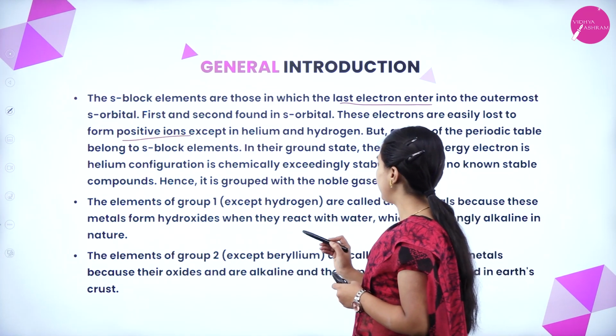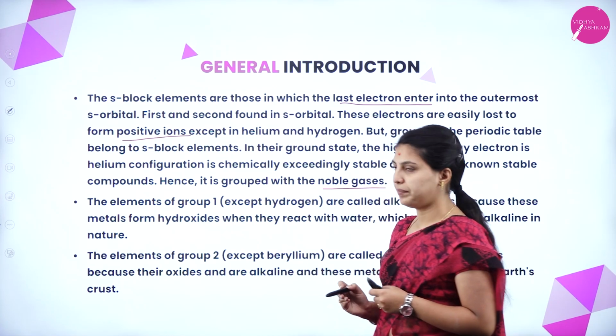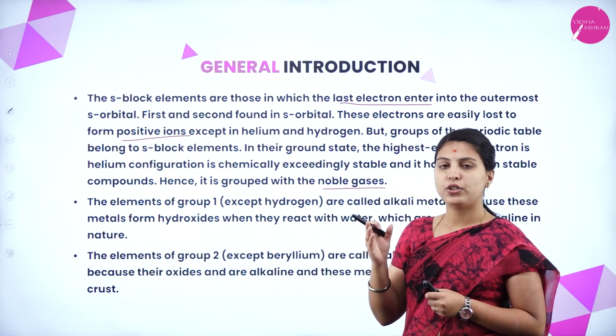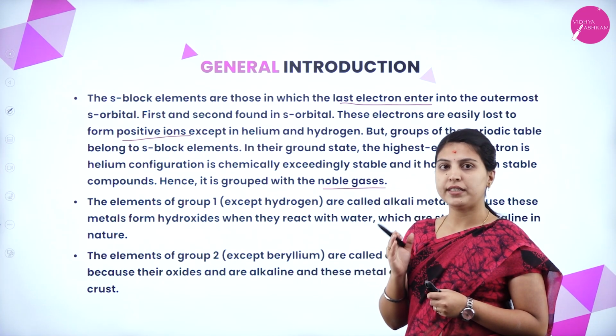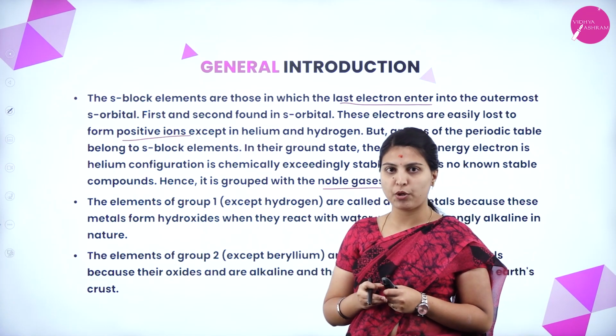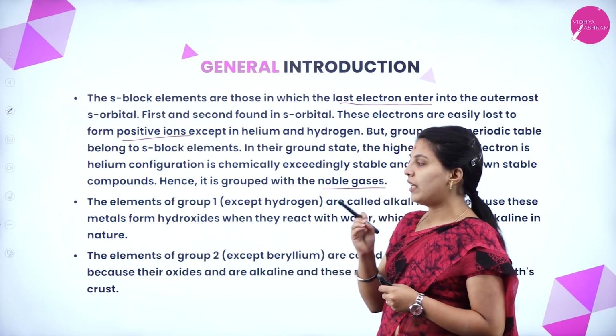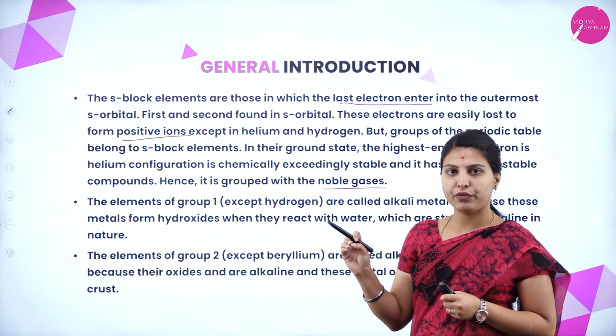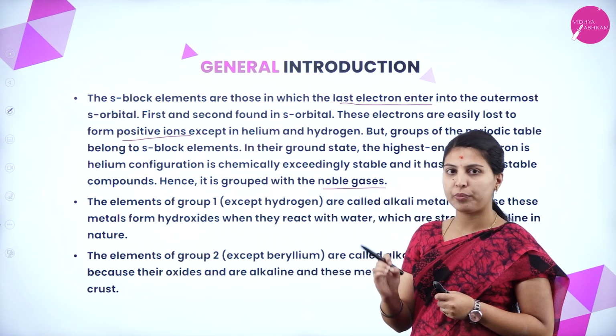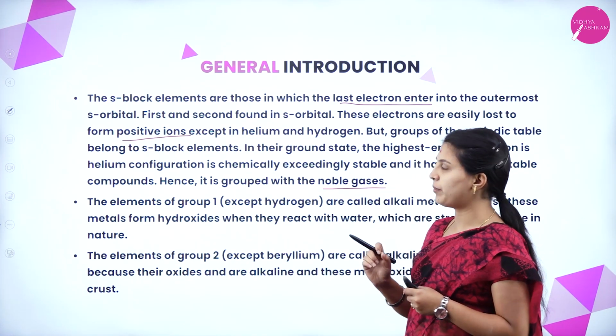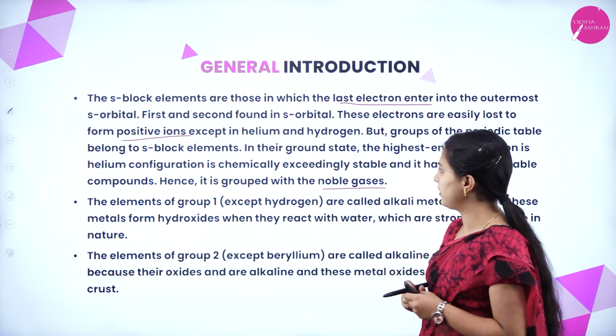Hence, it is grouped with the noble gases. The first two groups, that is the first group and the second group, are considered S block elements, and the last electron in the electronic configuration will reach the S orbital only.